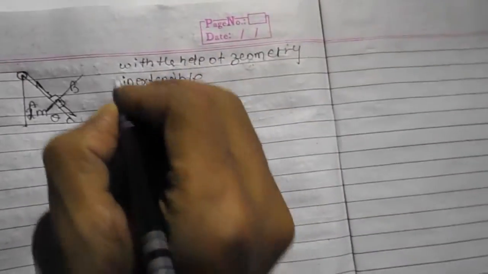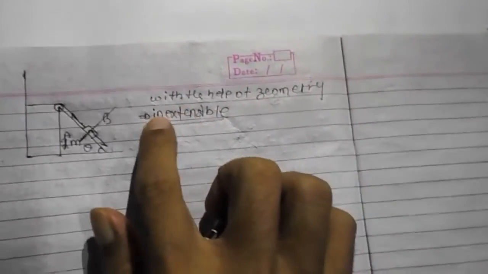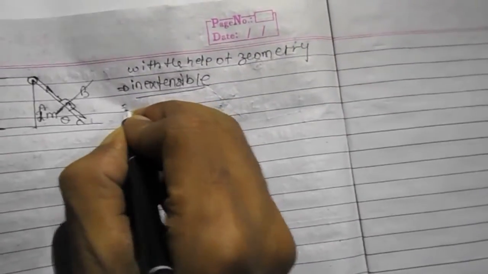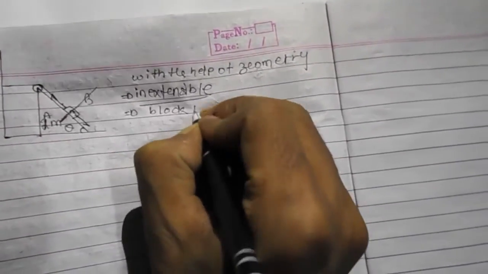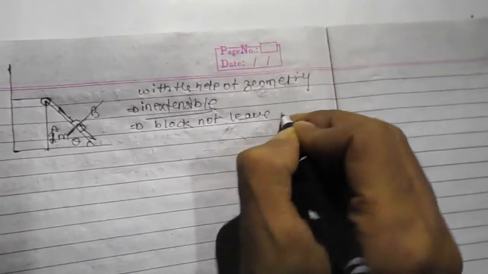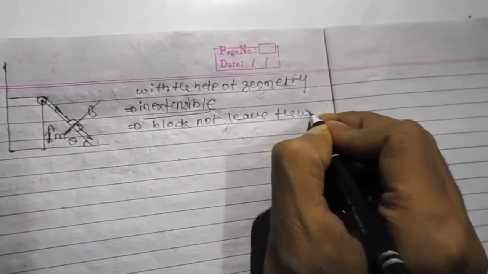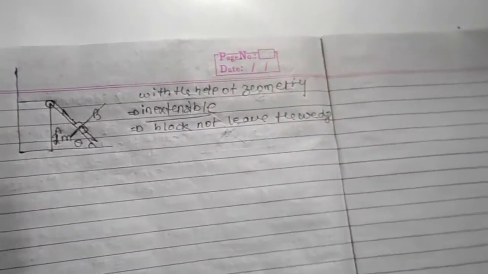So we have two things which will help in geometry. First is the string is inextensible, and second is the block will not leave the wedge.